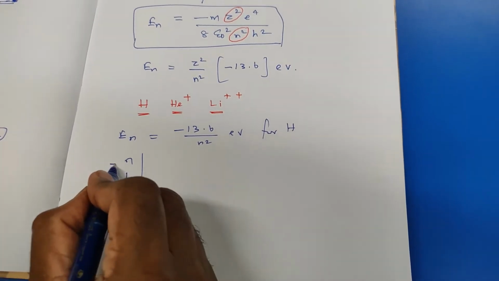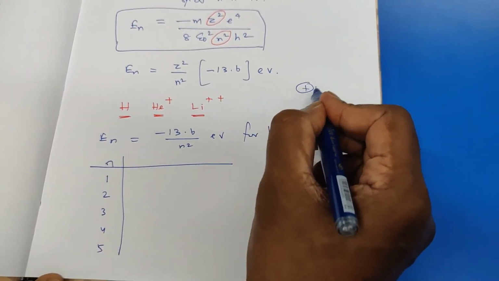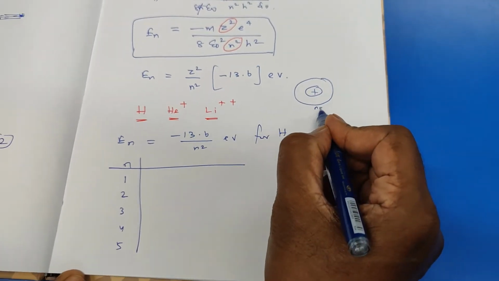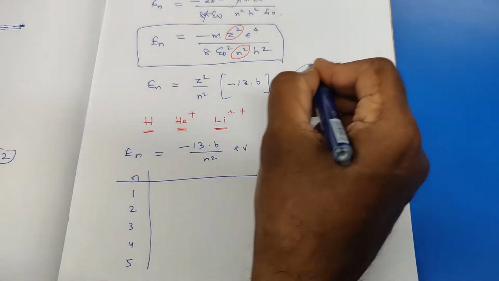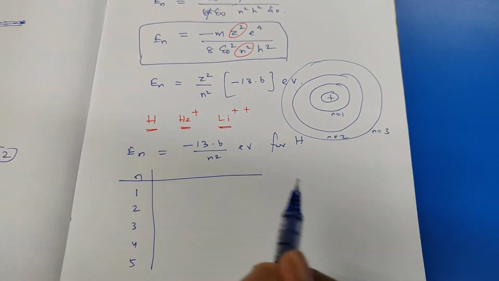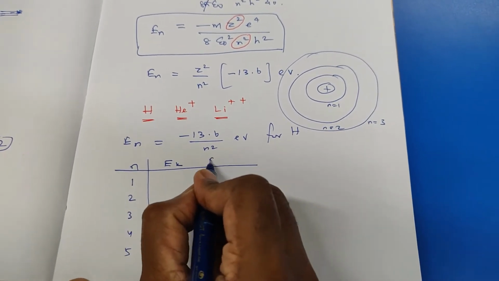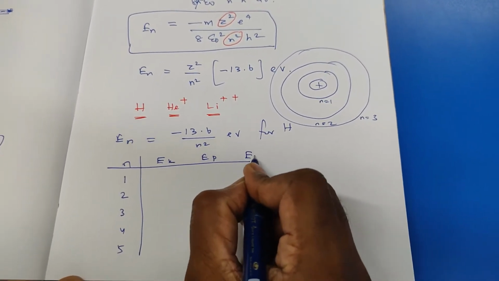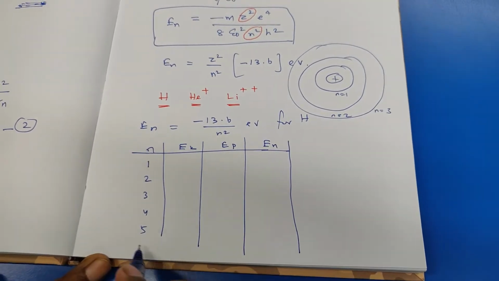These are the principal quantum numbers. That means for hydrogen, the first orbit is n is equal to 1, second orbit n is equal to 2, third orbit n is equal to 3, like that it goes. So what will be the kinetic energy, what will be the potential energy and what will be the total energy? Let us see. Okay, ready?